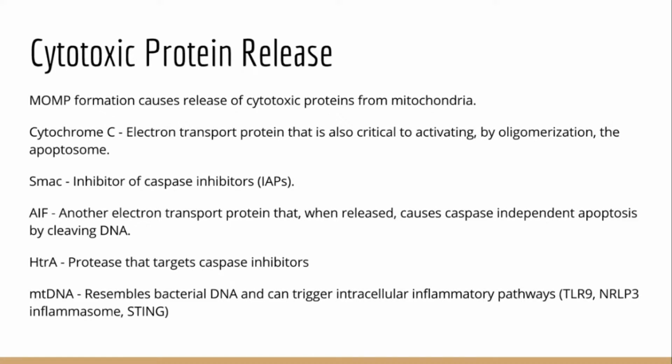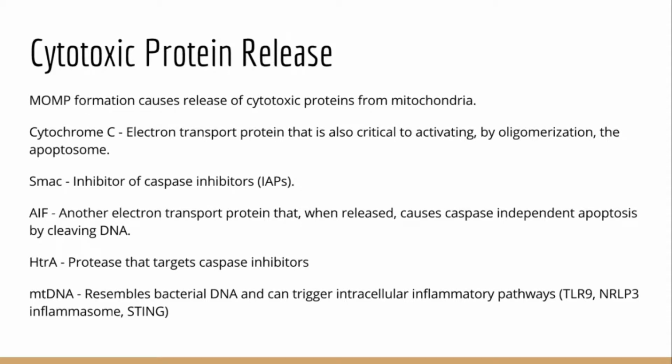And finally, I also added mitochondrial DNA, not necessarily because it's important, but because I thought it was kind of fascinating, and there's not a whole lot of research on it, so it may actually be important. I don't think anyone's completely sure about it, but basically the presence of cytosolic mitochondrial DNA, because it looks a whole lot like bacterial DNA, can actually trigger the intracellular inflammatory pathways.